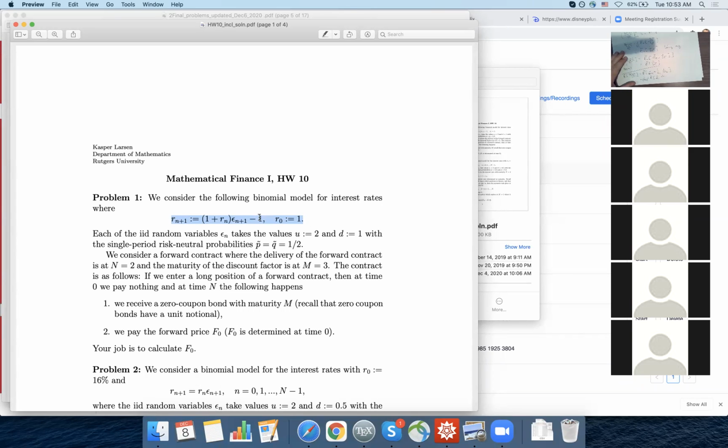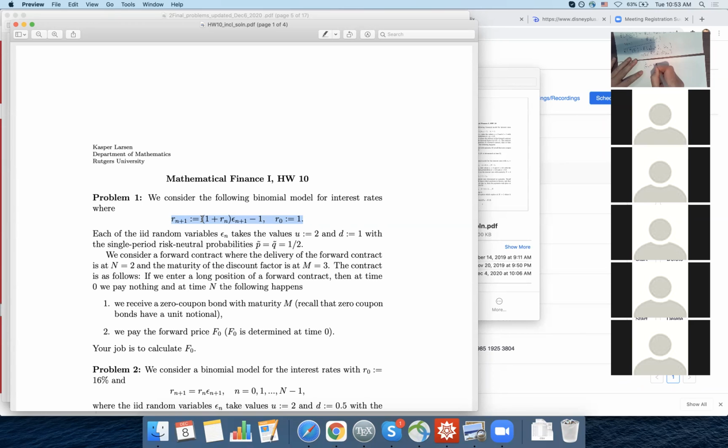This was 1 over, so I want n to be 1 here. So this is 1 over 1 plus R1 epsilon 2. So this is 1 over 1 plus R0 squared.